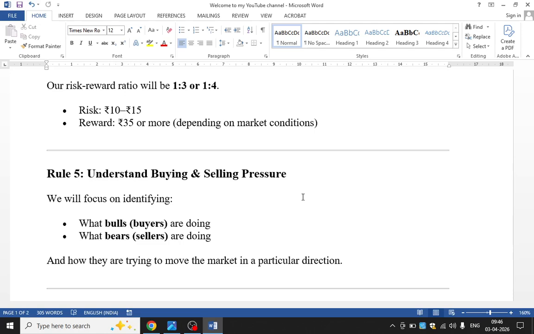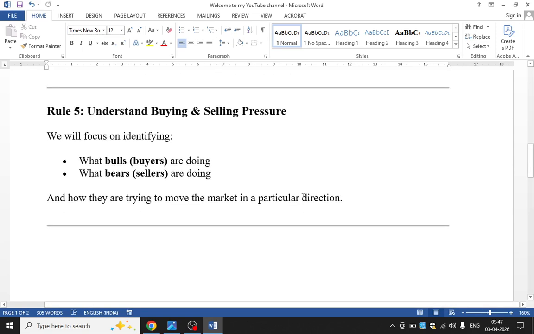So we will try to understand the pressure, what the buyers are doing and what the sellers are doing. And one important thing we have to keep in mind is that on every trade there is a buyer and there is a seller, both are involved in every transaction which has been made.